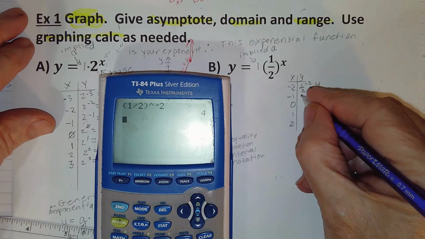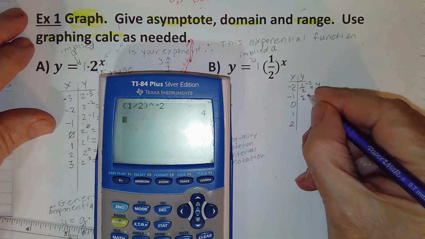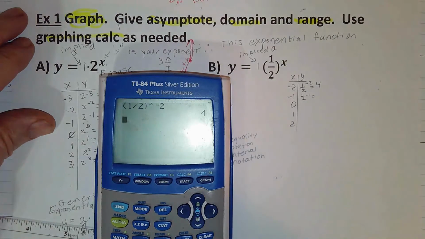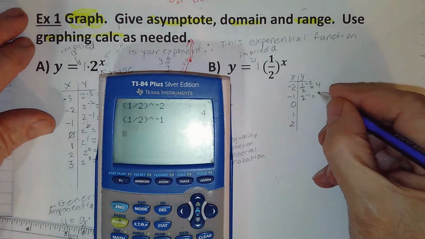Now -1. So that means I've got 1/2 to the -1. So parentheses, 1 divided by 2 is 1/2, caret -1, and hit enter, and I get 2. Okay, going down.